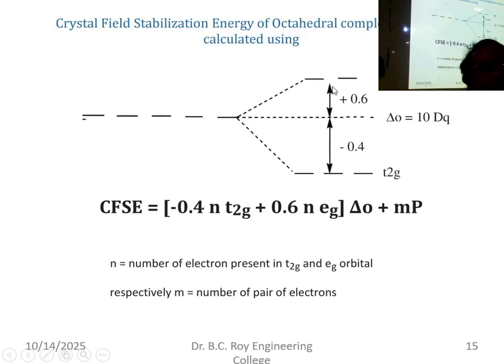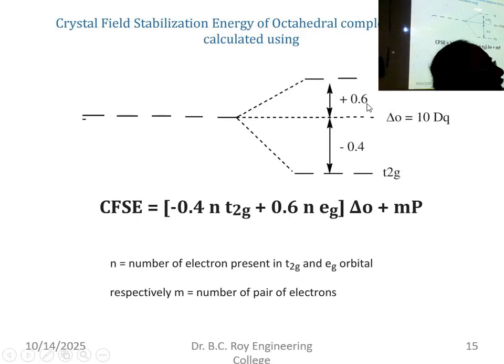If it is a high spin complex, 3 electrons go into T2g and 1 electron goes into Eg. Then we calculate: minus 0.4 into 3 plus 0.6 into 1, into delta O. Delta O is the total splitting energy. Then you have to add plus MP, where MP means the number of paired electrons. This is a general formula.